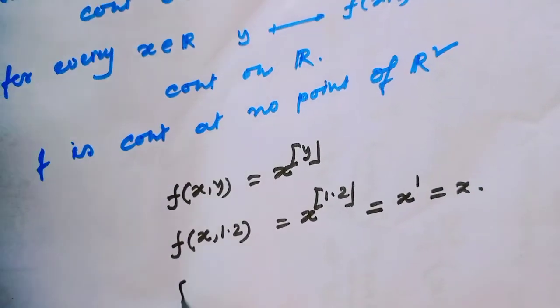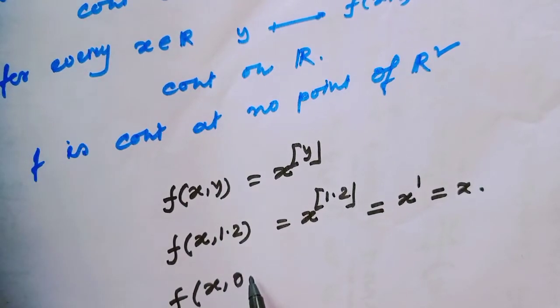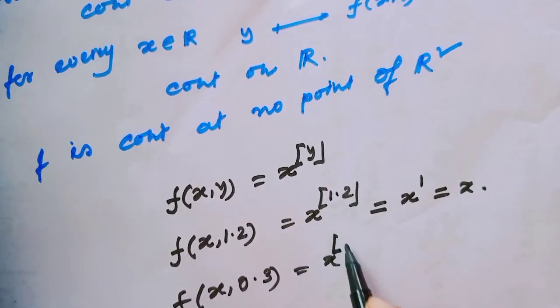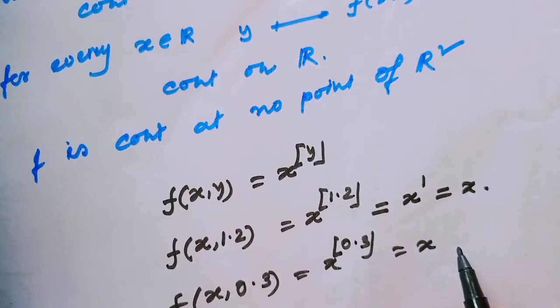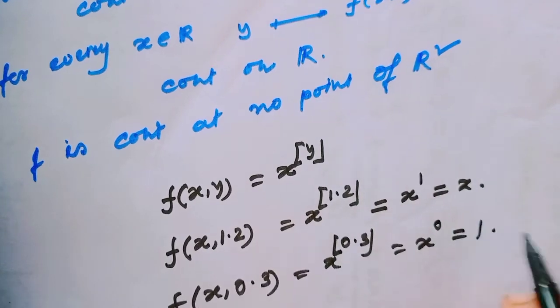Similarly, if we put f of (x, 0.3), then this would be x to the power box of 0.3, which is x to the power 0, which is equal to 1.